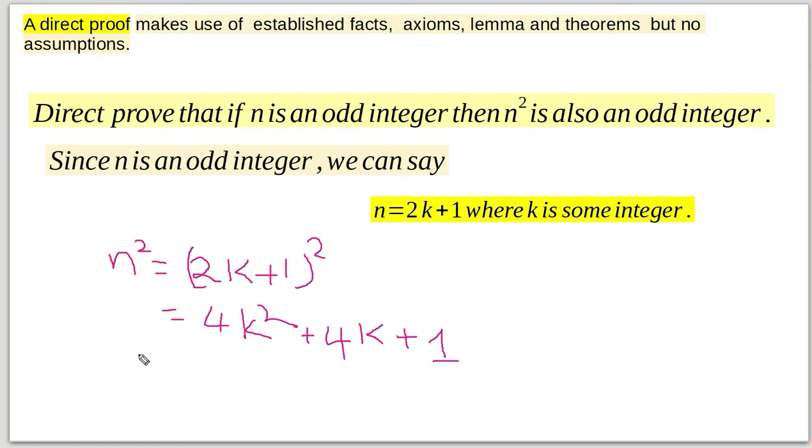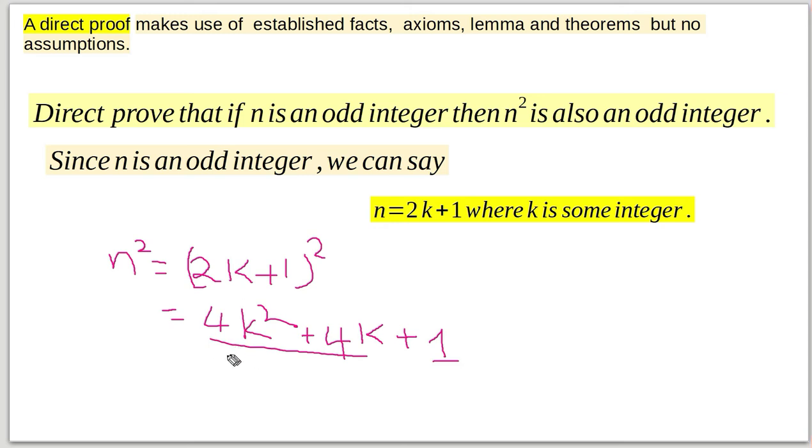Now let's consider this part. I want to express something similar to this form, where I have 2 in front for it to be an even number, and then I have plus 1 that will make it an odd integer.